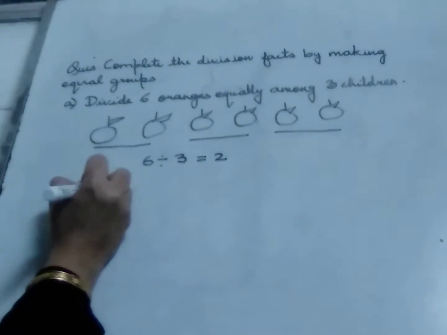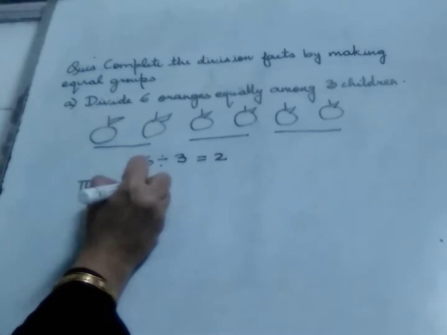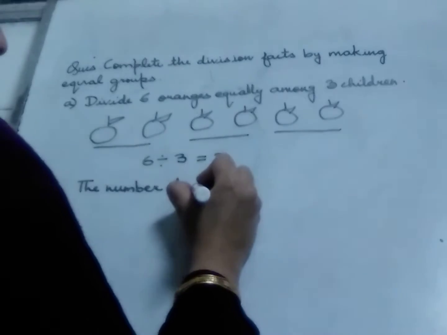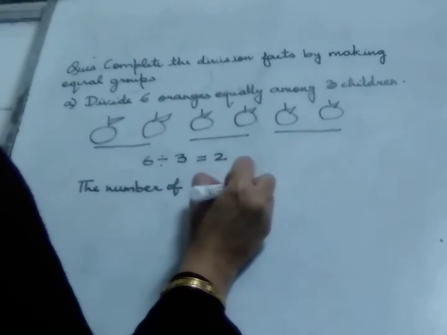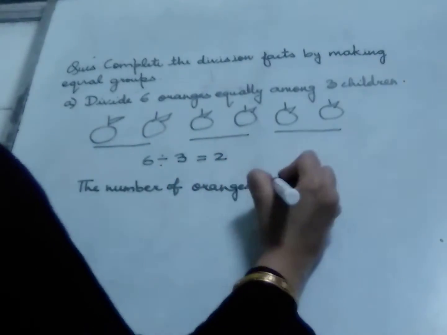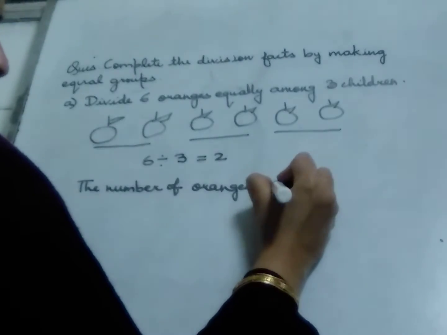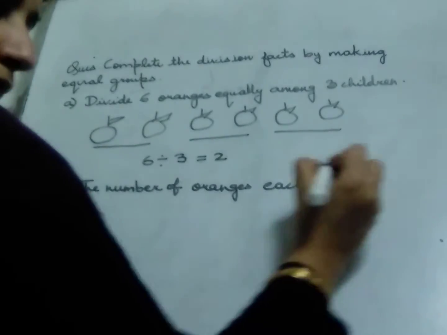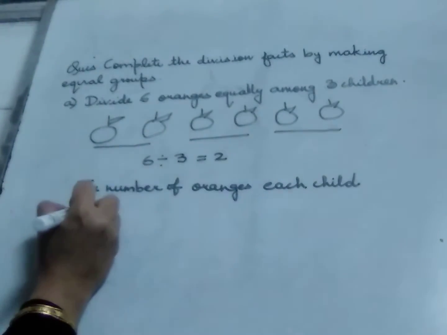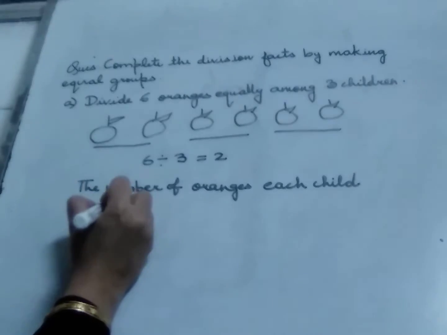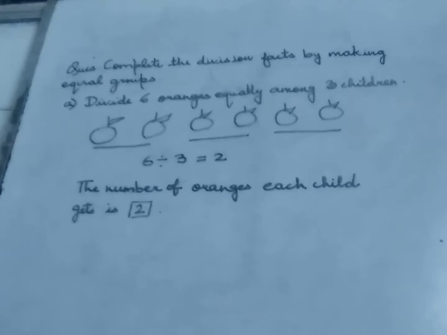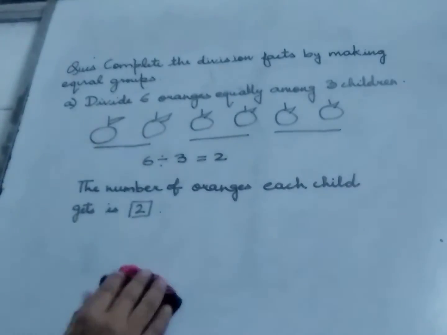The number of oranges each child gets is 2. Now let's come to the next question.